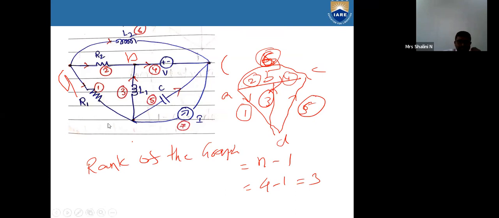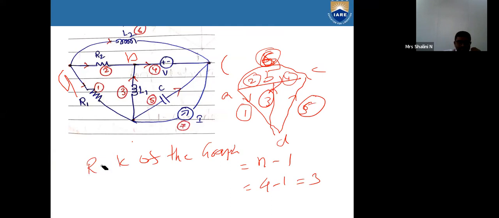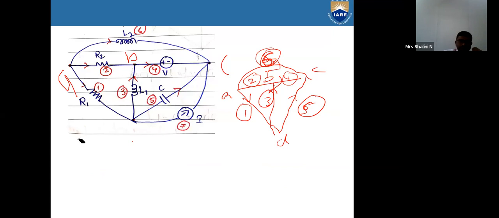Coming to the next one, degree of the node. How can you identify the degree of the node?